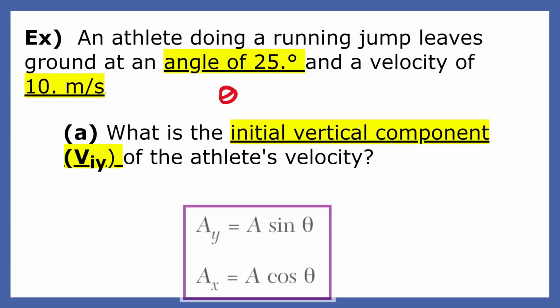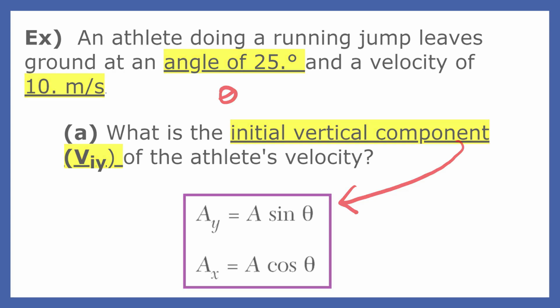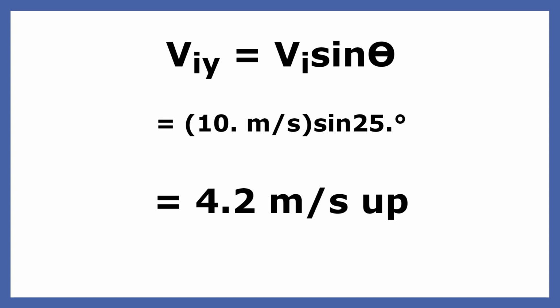Here are two equations found on your reference table that you can use to find the initial vertical and horizontal velocities from the initial speed and the projection angle. Since we want to find the initial vertical velocity, we can use the first equation. When we substitute the speed and angle given, we get an initial vertical velocity of 4.2 meters per second up.